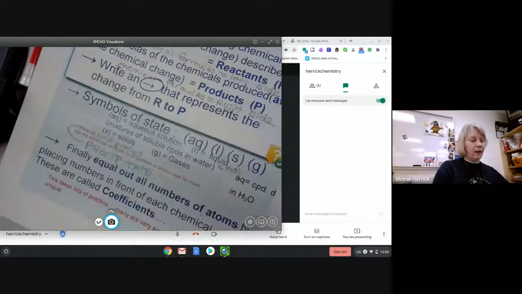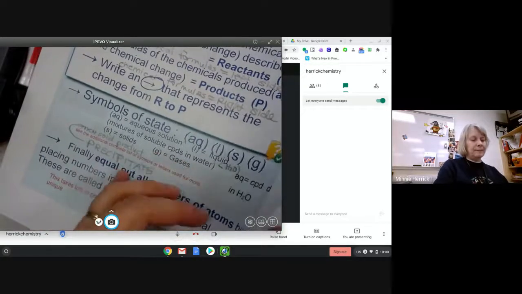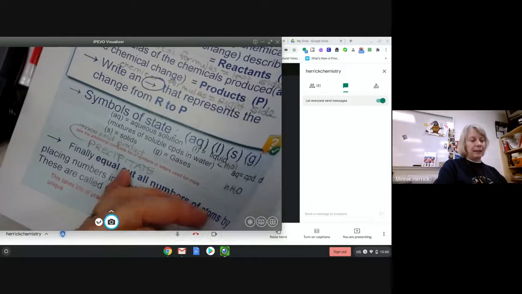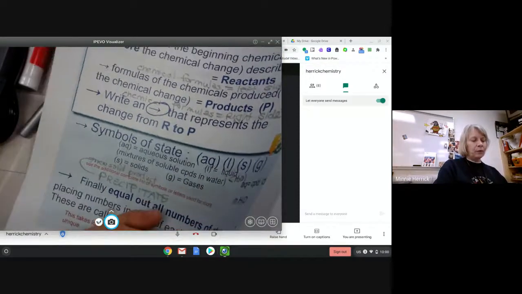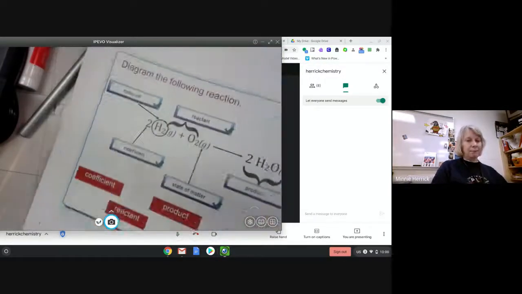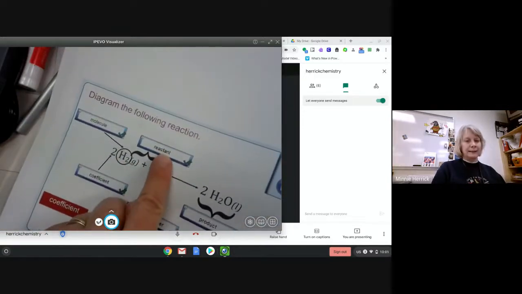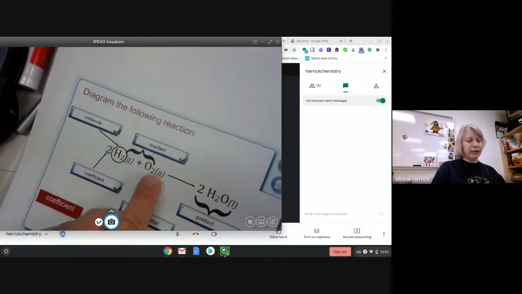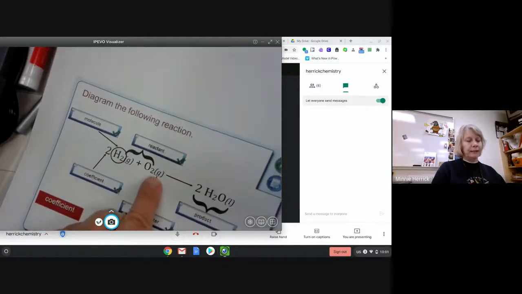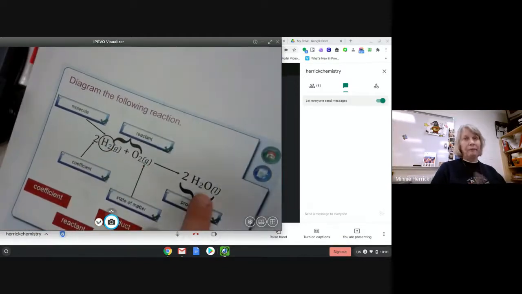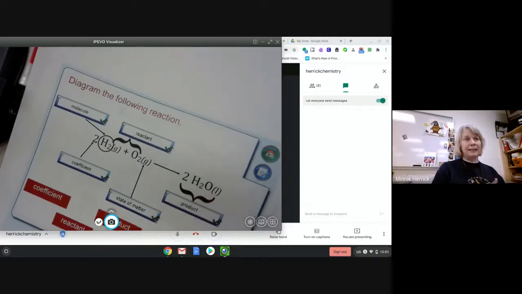Okay. Now, if you go to the other side, the bottom part of the page, we're looking at this part being the reactants. So we mark it as reactants, and you have hydrogen and oxygen reacting to form water. And we've actually seen this when we did the potassium in water. This is when we saw the fire.